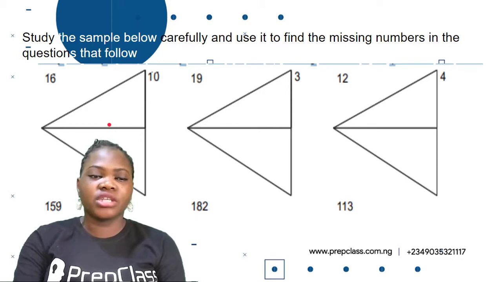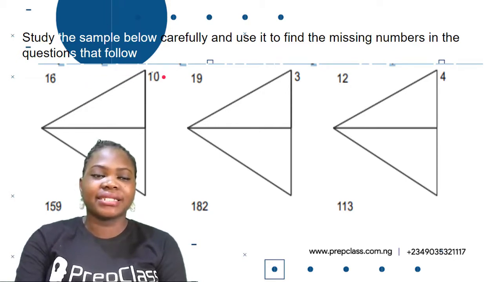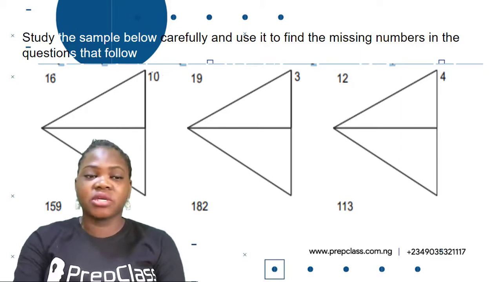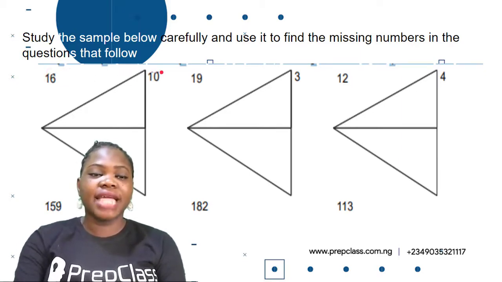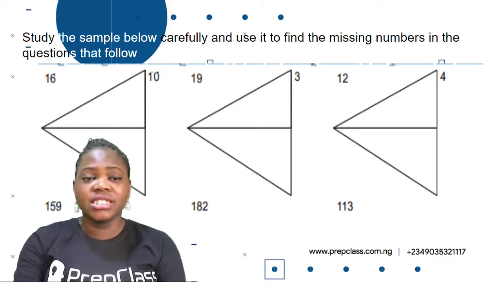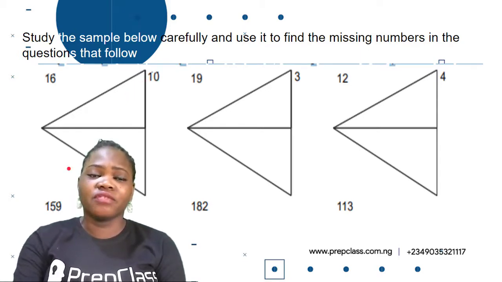What about subtraction? 16 minus 10 is 6. Oh no, how are we going to do this? Let's try multiplication. 16 times 10 is 160. So it's not going to work either. Let's try division. 16 divided by 10 would definitely not give us 159. So what do we do?